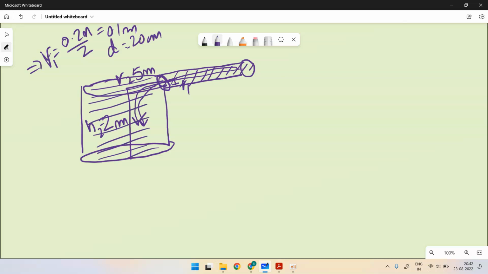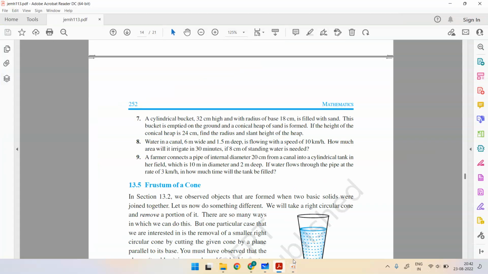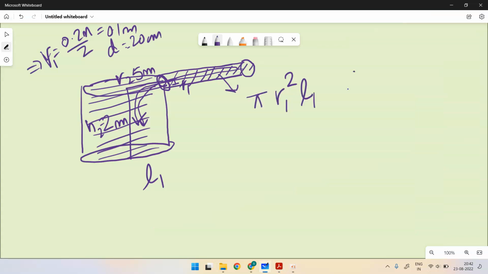Volume of water flowing through this connecting pipe will be pi R1 square L1. What is L1? Velocity of water into time. You can say S is the velocity of water and T is time.